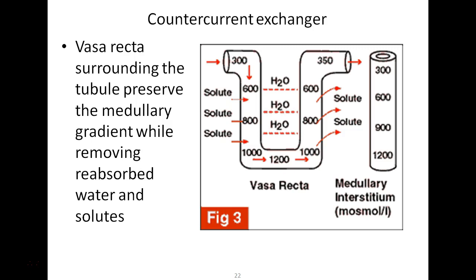So we might recall that these structures are surrounded by capillaries or tubes called the vasa recta. So the vasa recta surrounds the tubule and is going to preserve the medullary gradient while removing reabsorbed water and salts.